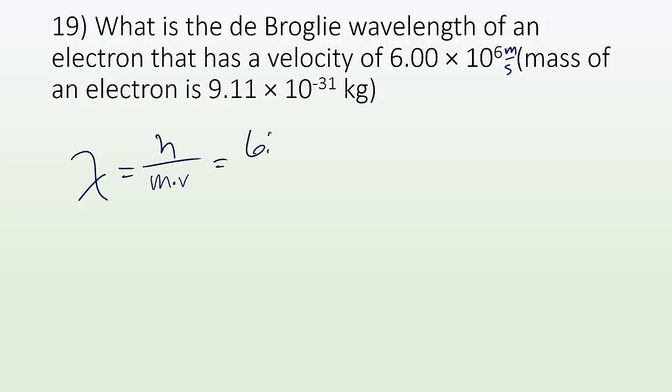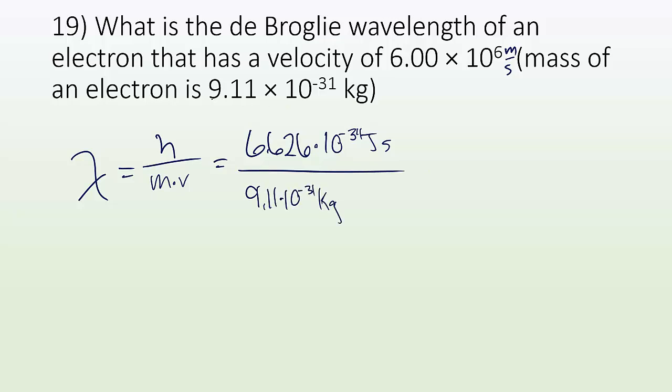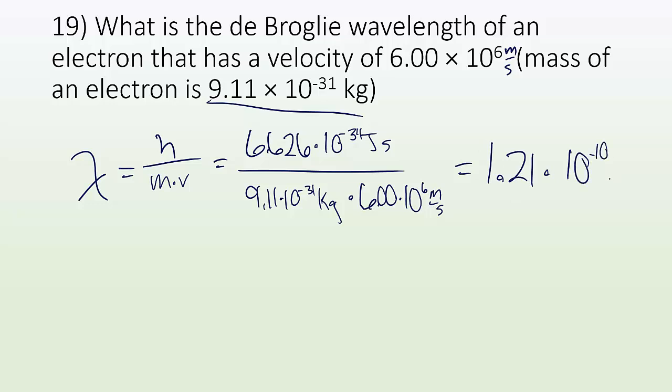So again, 6.626 times 10 to the minus 34 joule seconds, all over the mass, which is 9.11 times 10 to the negative 31 kilograms, which is given right here. And then times that by the velocity, which is 6.00 times 10 to the 6 meters per second. And when I plug and chug, I get 1.21 times 10 to the minus 10 meters.